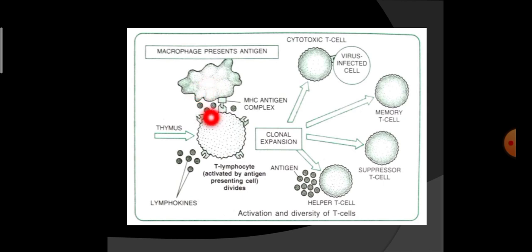Based on what kind of antigen it is, it will produce clones: cytotoxic T cell, memory T cell, suppressor T cell, or helper T cell. What are the functions of each? Cytotoxic cells break down or lyse the cell completely. I will explain how that happens. Before that, memory T cells are sensitized by antigens and retain sensitization for the future.